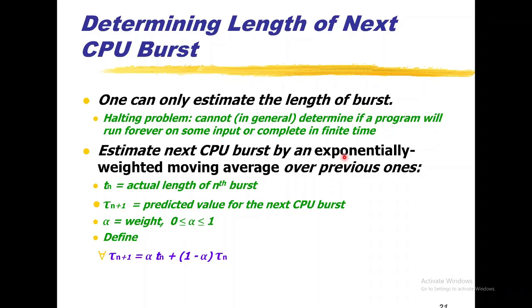So you estimate the next CPU burst by an exponentially weighted moving average over previous ones. It's like saying the CPU looks at previous programs and, based on how long they took, it can estimate that the next one may take the same time or more time.